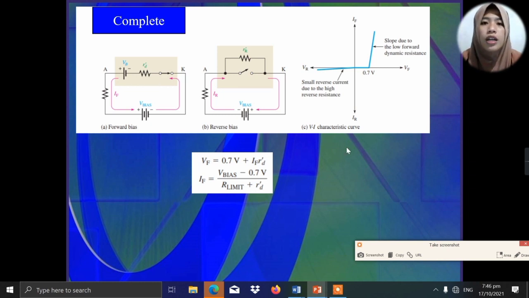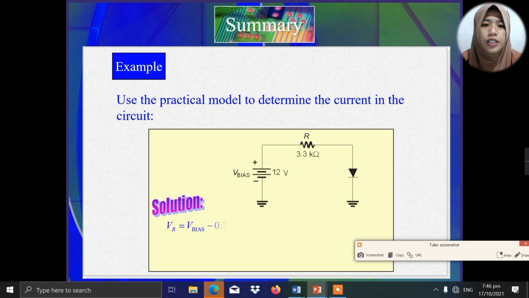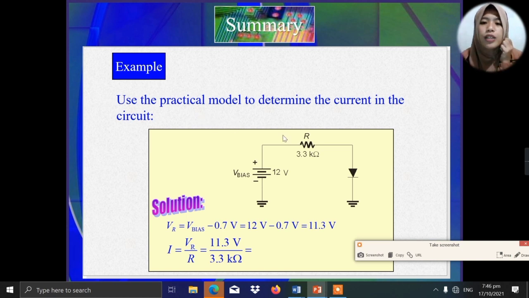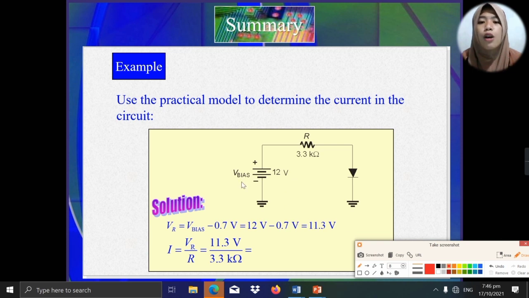So, let's have an example for this one. Use practical model to determine the current in the circuit. So, ito yung circuit natin. As you can see here in the circuit, we have this voltage bias at saka itong resistor at saka itong diode. Here in the resistor, mayroon tayo ditong voltage, so we have here voltage resistor, positive to minus.